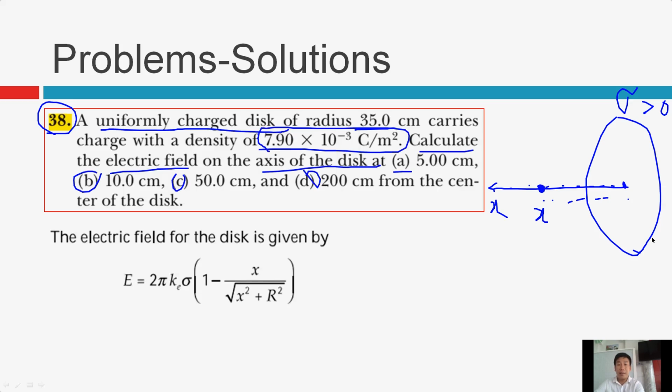Okay, it's very easy to say, but it's not easy to calculate.